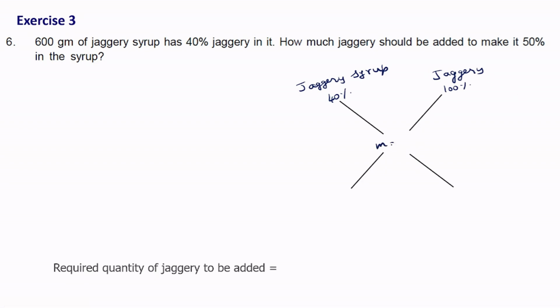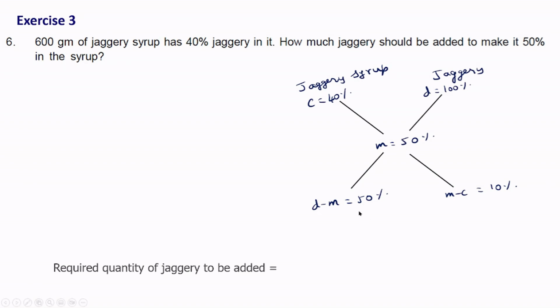We need to have a jaggery syrup which has 50% jaggery in it. So the mean percentage is 50%. C is 40, D is 100 and M is 50. So here we have D minus M. 100% minus 50% is 50%, and here we have M minus C. 50% minus 40% is 10%.